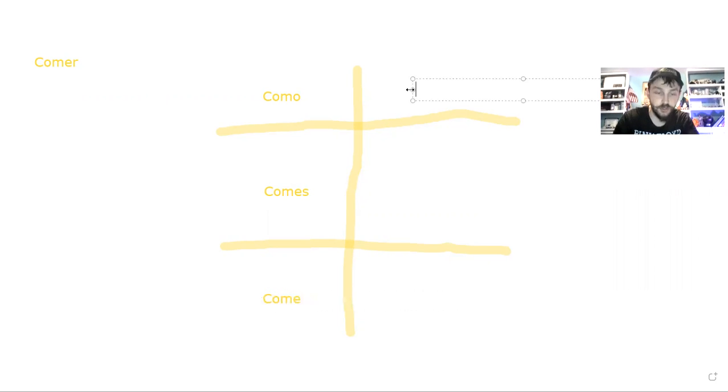In the nosotros, nosotras form, you have comemos. And just don't get me wrong, but we never ever use the vosotros form unless you're in Spain, but I'm just going to give it out anyway. The vosotros, vosotras form is coméis. And in the ellos, ellas, y ustedes form, you have comen.